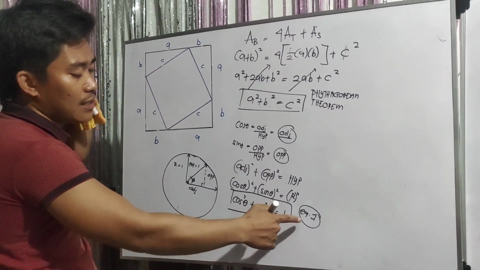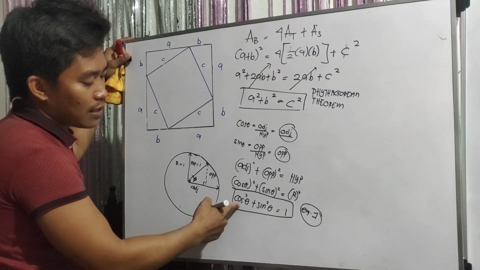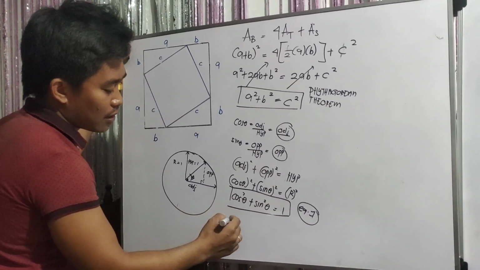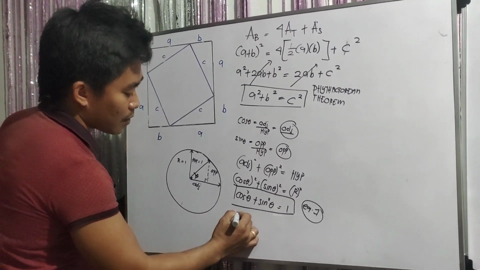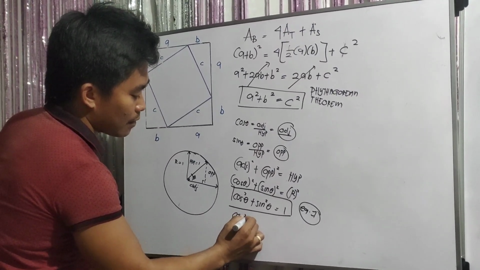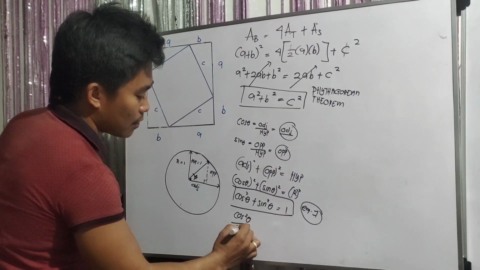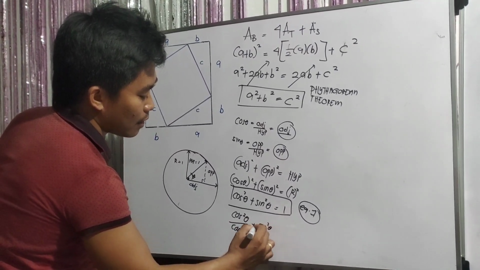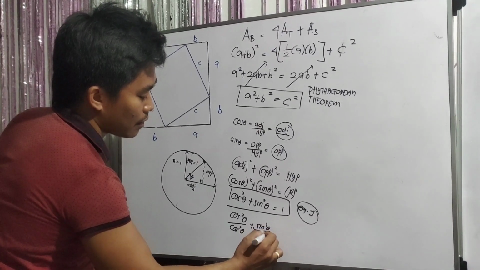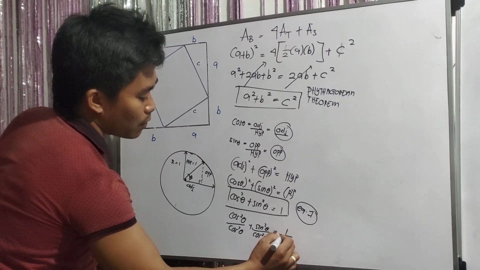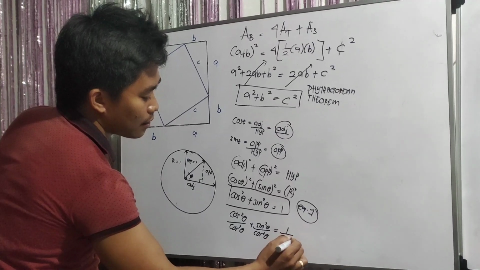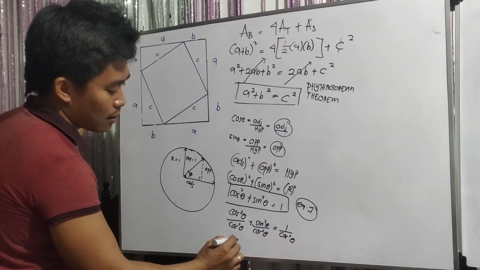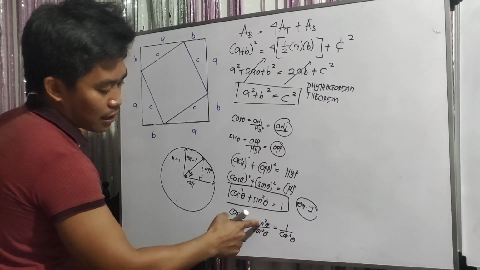If we divide equation 1 by cosine squared theta, what will happen? Cosine squared theta over cosine squared theta plus sine squared theta over cosine squared theta is equal to what? 1 over cosine squared theta. So cosine squared over cosine squared is 1, plus sine squared over cosine squared.